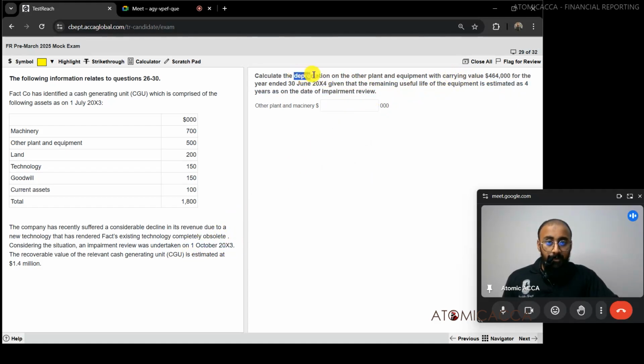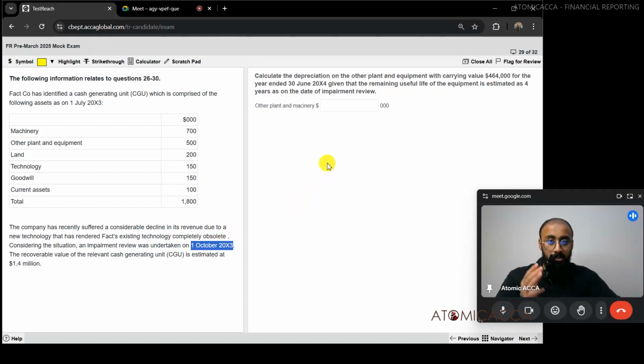They are asking you to find what is the depreciation for this plant and equipment for 30th June X4. So that means 500 was the carrying amount on 1st July X3. Okay, this is post impairment 464,000. All right. So 464,000 is on 1st October 20X3. From there onwards, we have October, November, December, Jan, Feb, March, April, May, June. So 9 months are there.